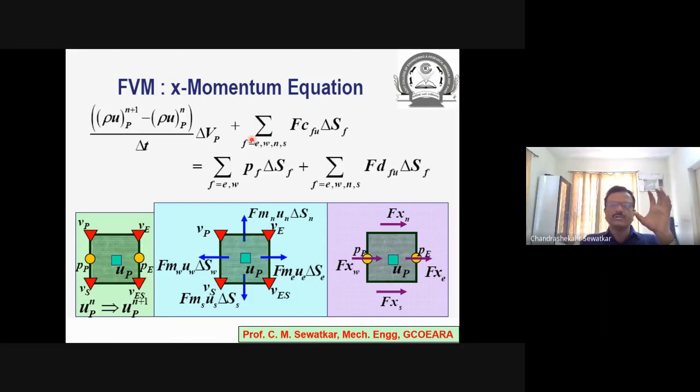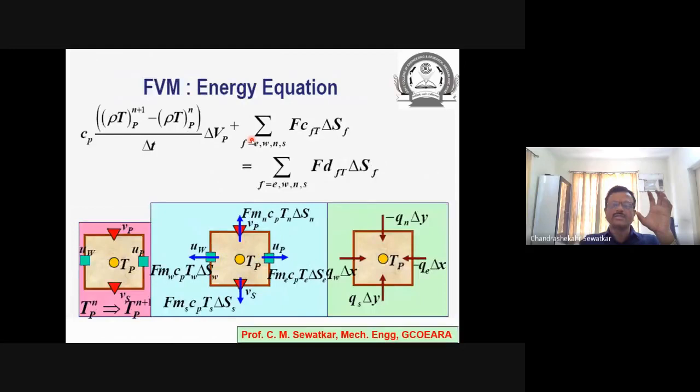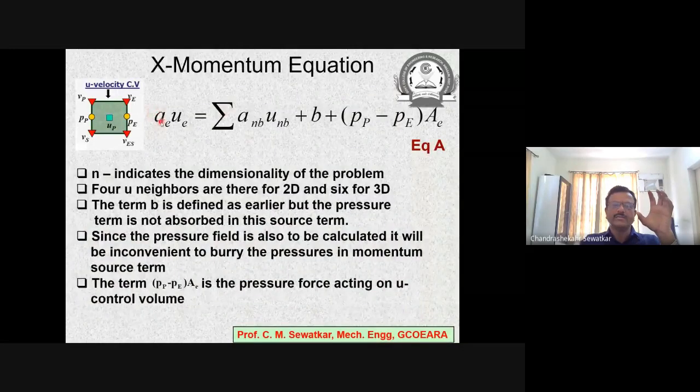We put the terms with suffix e in one bracket, and then the ue term is taken out of the bracket. Then what is left inside the bracket is termed as ae. The same thing we do for a small n, a small w, un, uw, us, and so on and so forth.